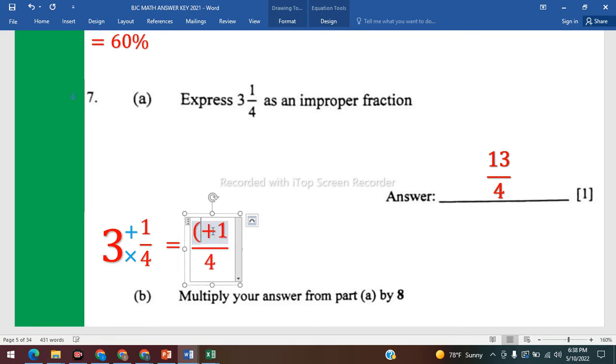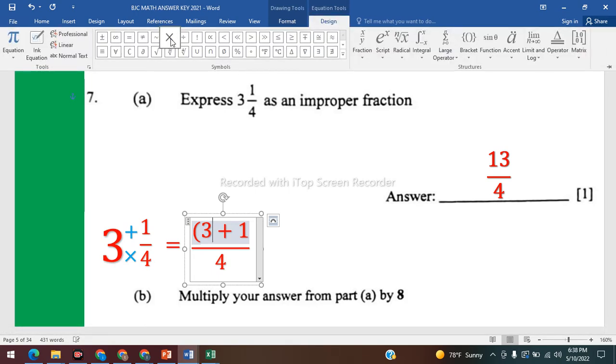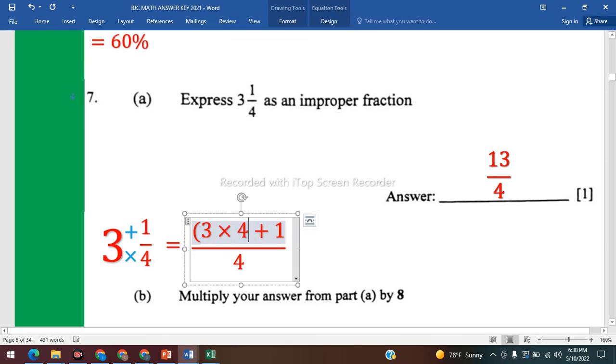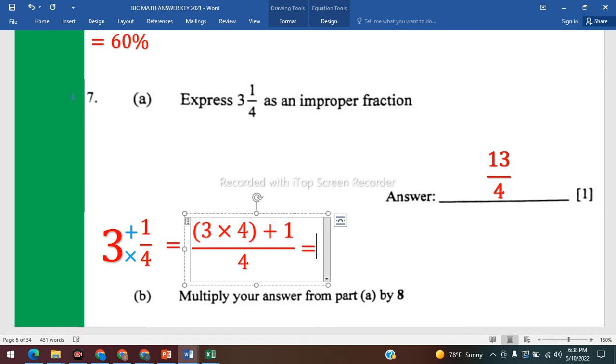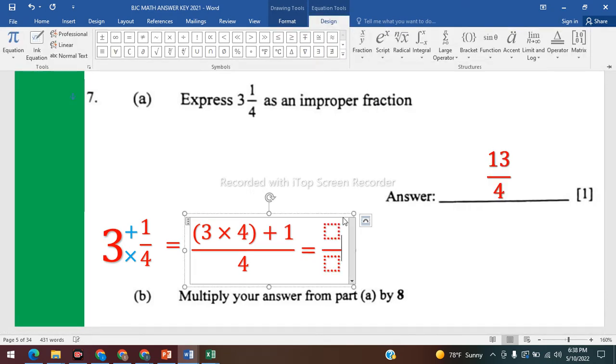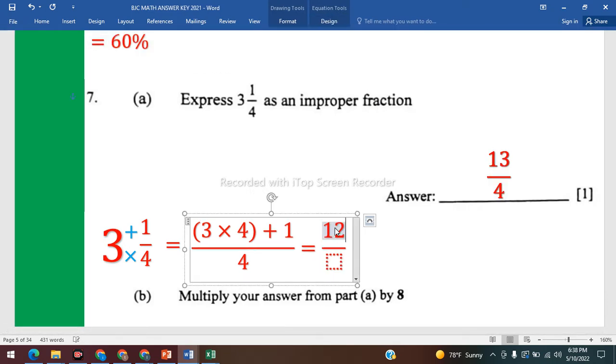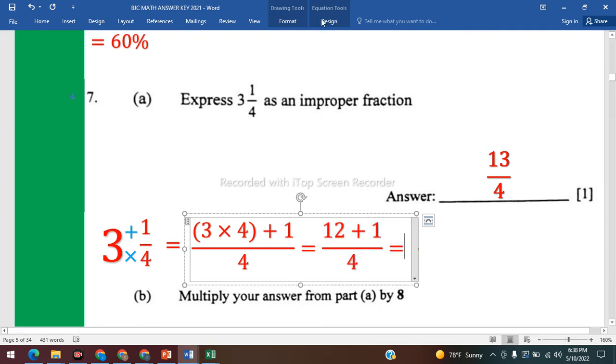Just to show where we get it from: 3 times 4 plus 1, and that's going to be equal to 12 plus 1 over 4.